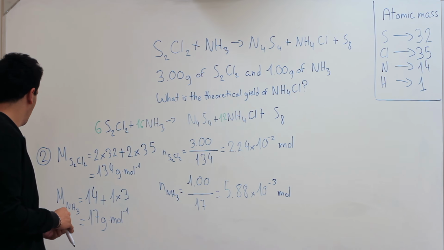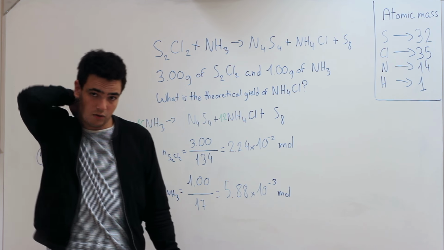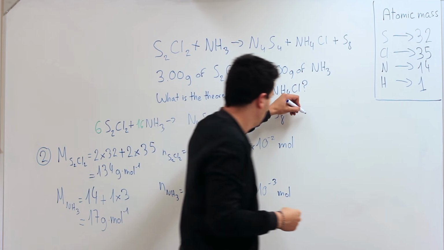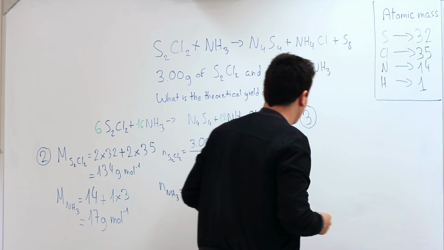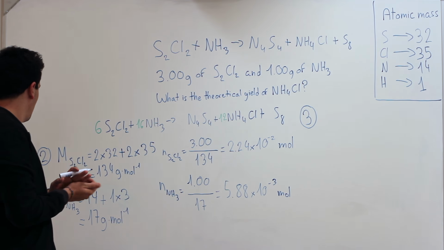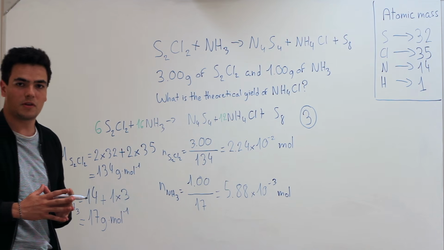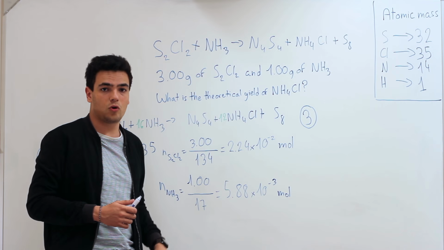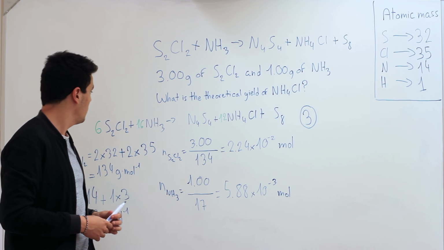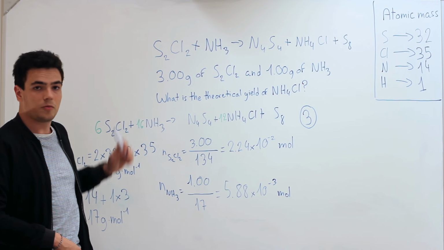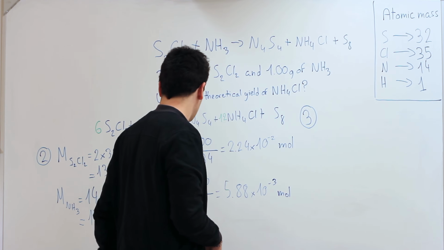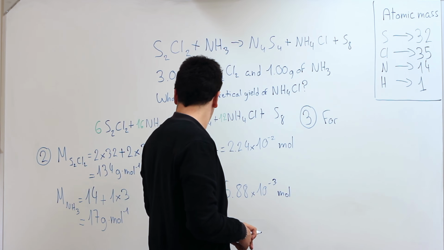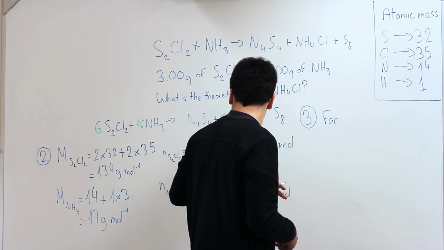Okay, so now that we have this part completed, we're going to step on to step 3. If you remember correctly, step 3 is to find the limiting reactant. In order to do this, we'll take the number of moles we have for each of them and divide them by the stoichiometric numbers we obtained above. So let's start once again the same way with S2Cl2.